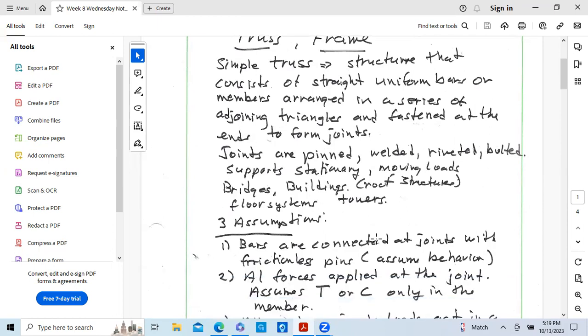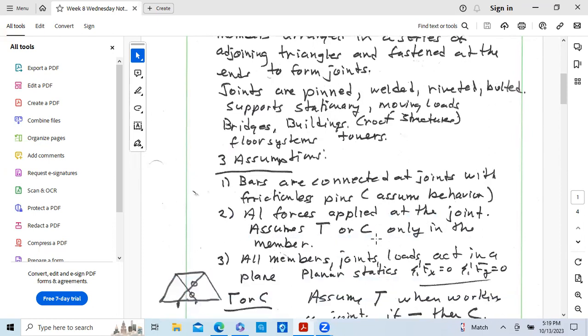So we have three assumptions. First of all, the bars are connected at joints with frictionless pins. We assume that kind of behavior, very simple. What this allows us to do is go back to chapter 3 and look at particle equilibrium, solving simple particle problems, like the first problem we ever did.